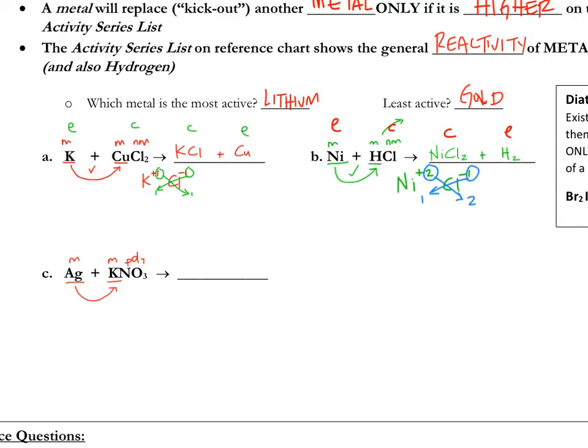So let's take a look. It means that this reaction will not take place. This will not occur because silver is lower than potassium. So therefore, no reaction will take place.